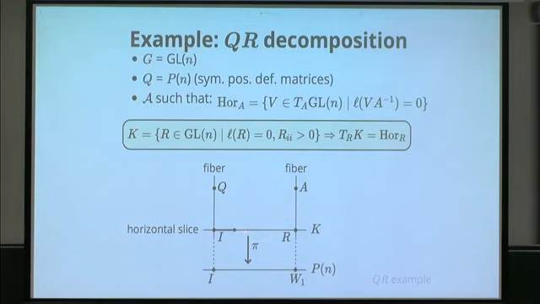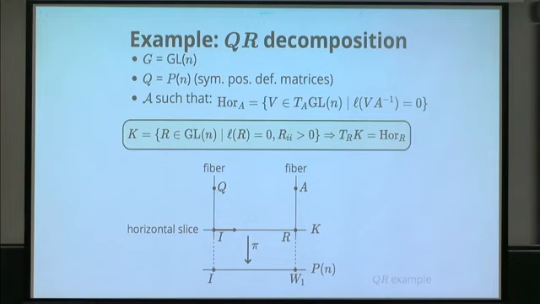So it will flow along this submanifold of upper triangular matrices, and it will give you an R. And when you come to the end of this flow, you know that you are on the same fiber as A, and being on the same fiber by definition means that A and R are related by just an orthogonal matrix. That gives you the QR factorization.